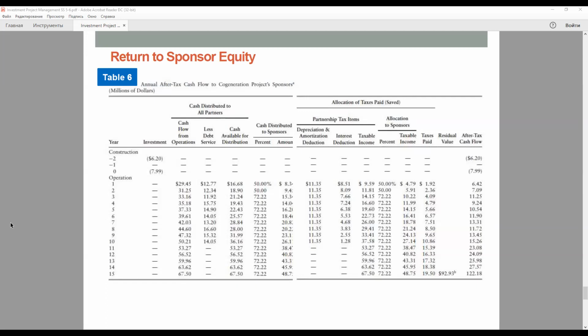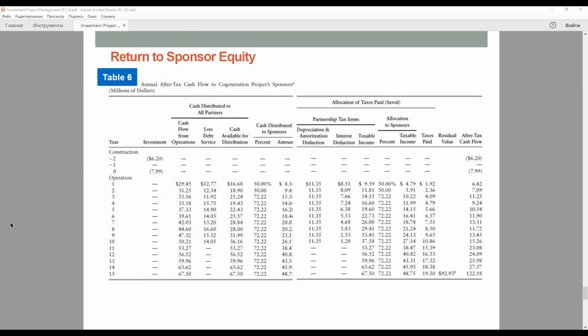It receives 10% of the net of the income, losses, and cash distributions of cogeneration company until reversion occurs, and 50% thereafter. In addition, engineering firm and local utility each own 22% of the limited partnership interest in cogeneration company.